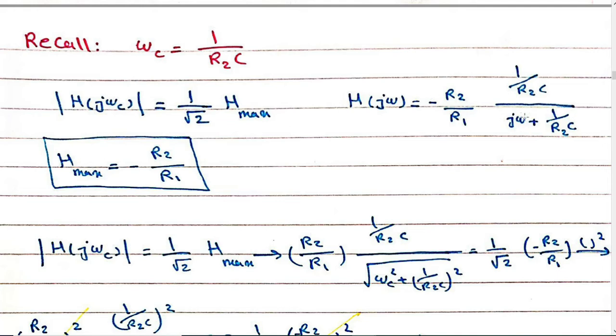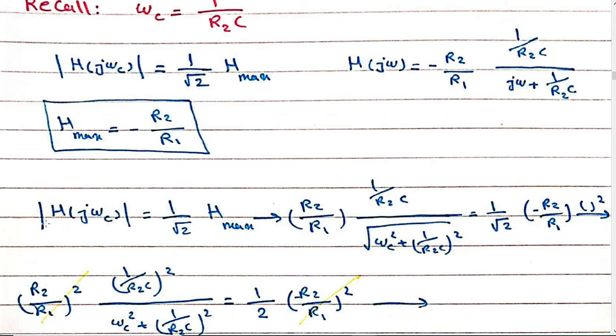So at low frequencies, for example at 0, something very small plus 1 over R2C will be 1 over R2C. So 1 over R2C over 1 over R2C is 1 multiplied by minus R2 over R1. So that is the maximum value for the transfer function. So now you have the value for H max. You just put it over here.